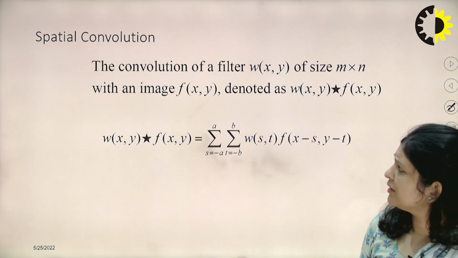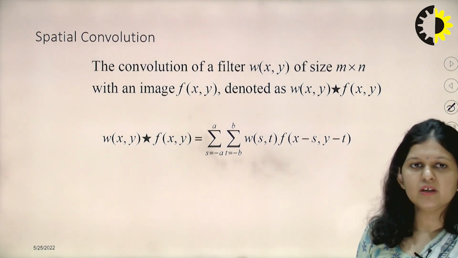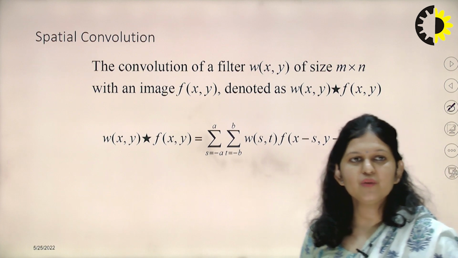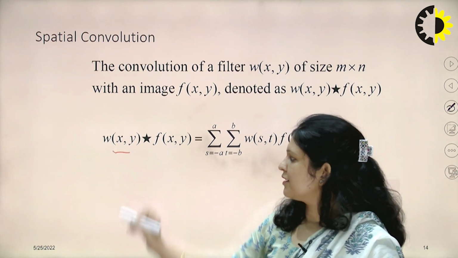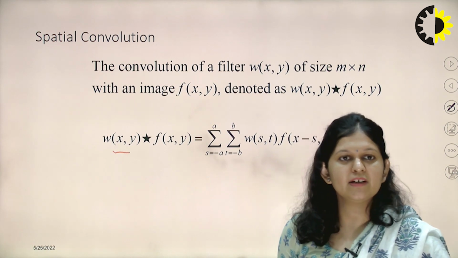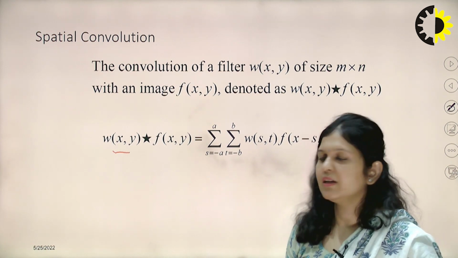Then we have another operation, the spatial convolution. In the case of convolution, we first rotate the mask w of x comma y by 180 degrees, and then we do the SOP.